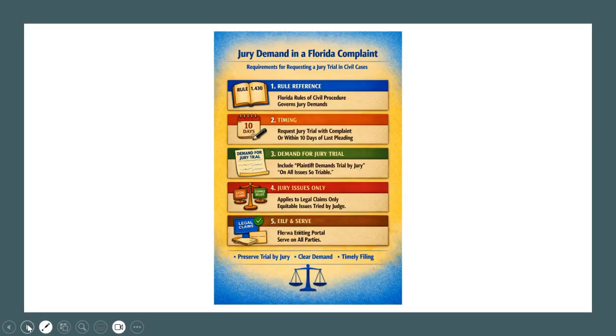A jury demand needs to be included in a complaint if the plaintiff wants a jury. The rule reference is 1.430 of the Florida Rules of Civil Procedure. The timing of it is within 10 days of the last pleading, but typically we request the jury trial in the complaint.